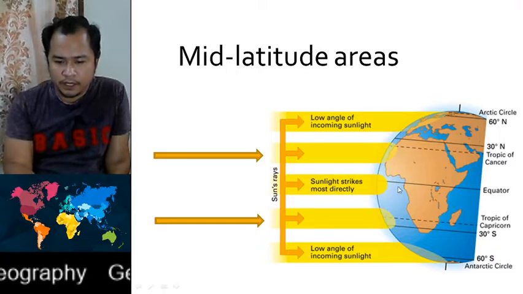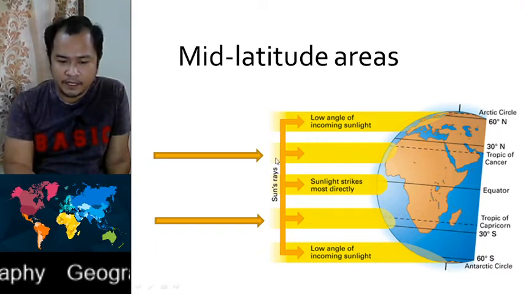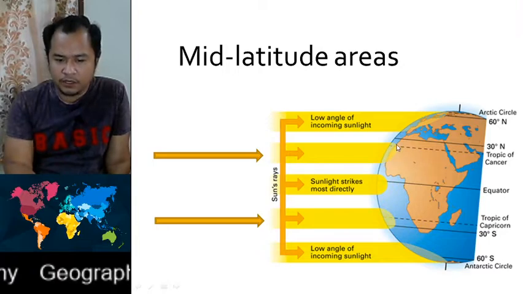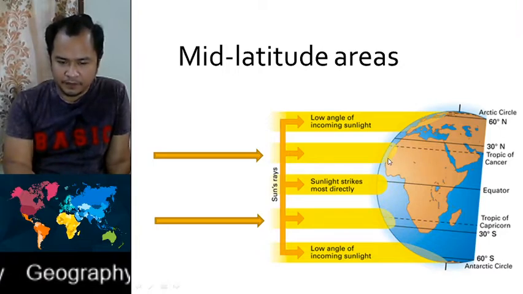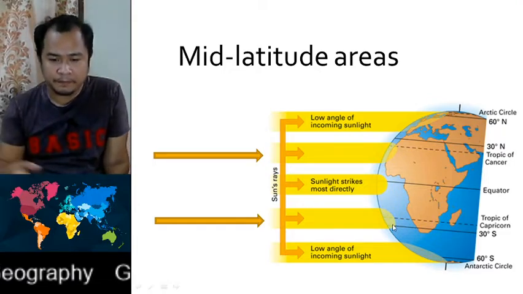This is your equator, this is your North Pole, this is the South Pole, and these areas with a certain angle of the sun's light will cause the quarries to form.